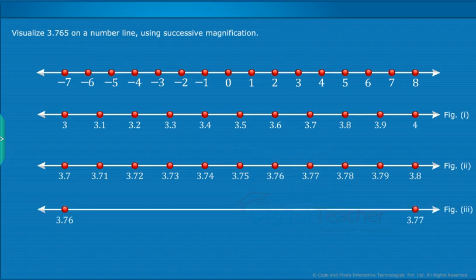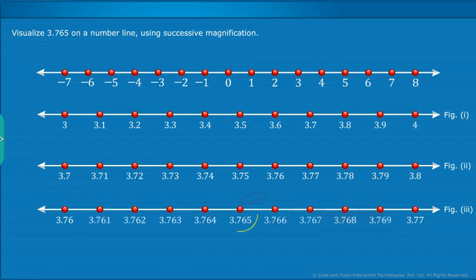So, let us focus on this portion of the number line as shown in figure 3 and imagine dividing it again into 10 equal parts. Thus, magnify it to see it better as in figure 3. This is how the terminating decimal expansion on a number line is represented.